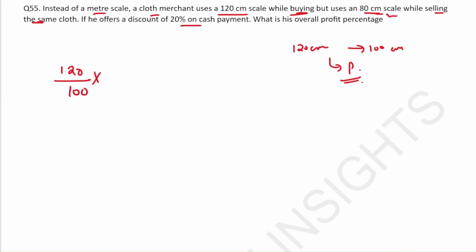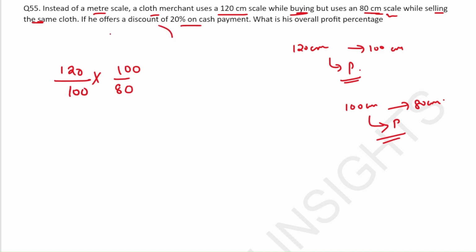So that means instead of using 100 centimeter, he is using 80 centimeter. So he's getting profit here in this case also, yes or no? So the actual is 80 centimeter he is using, instead of using 100.